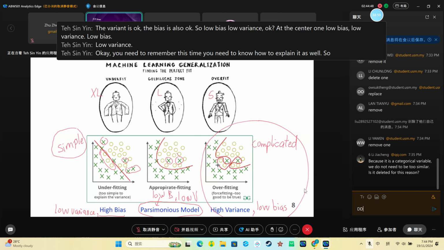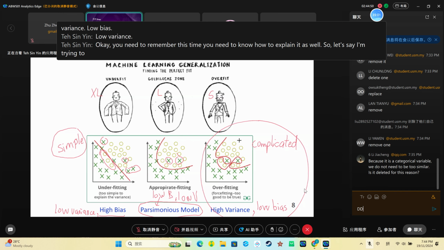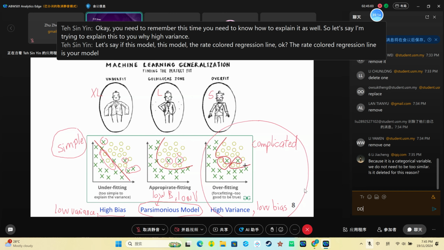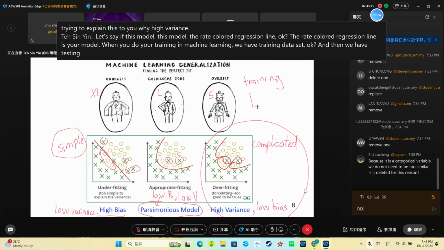So let's say I'm trying to explain to you why high variance. Let's say the red color regression line is your model. When you do your training in machine learning, we have a training data set and then we have a testing data set.